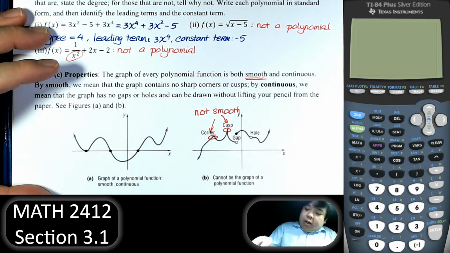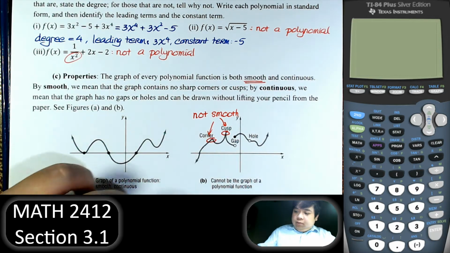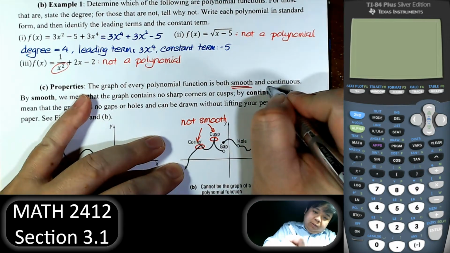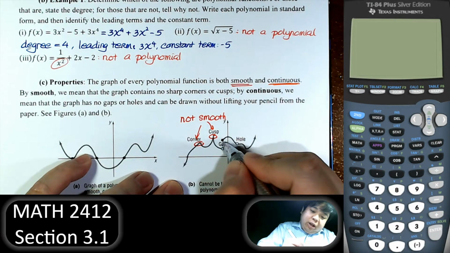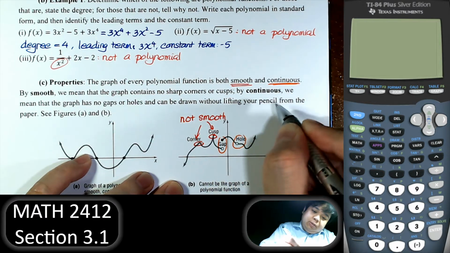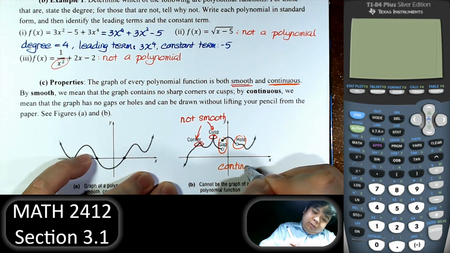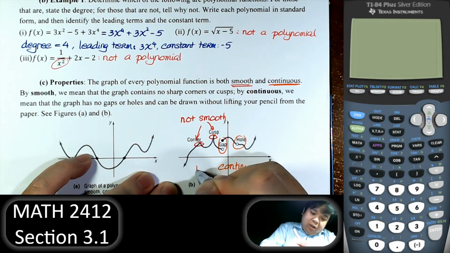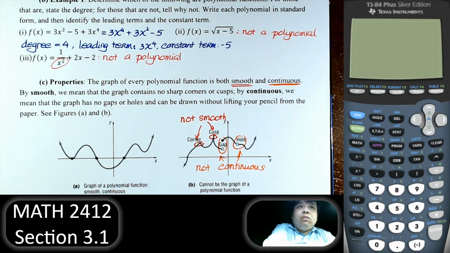And also, it has to be continuous. By continuous, we mean we cannot have a gap, we cannot have a hole. So this is not continuous.